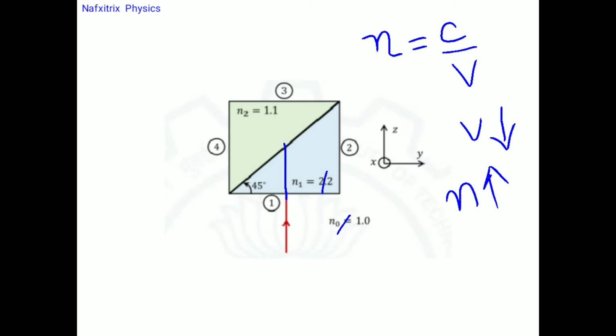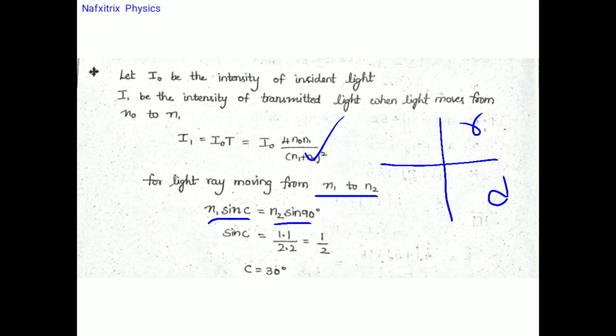Here among 1.1 and 2.2, the higher value is 2.2. That means there the velocity of light is less. That means it is the optically denser medium. So for total internal reflection, the light must go from denser to rarer medium. So that is the important condition.